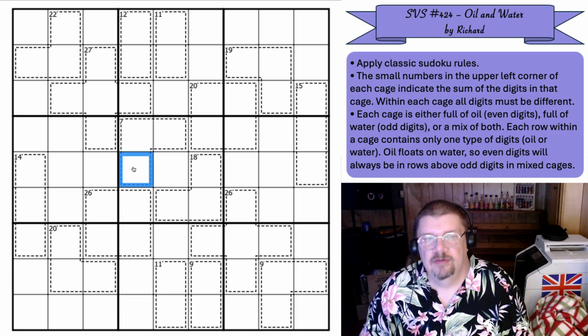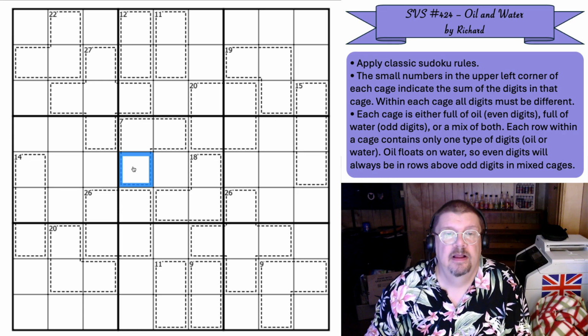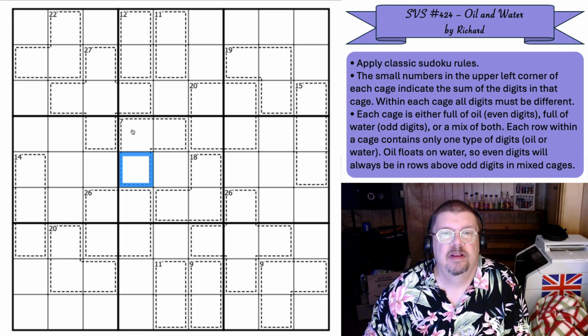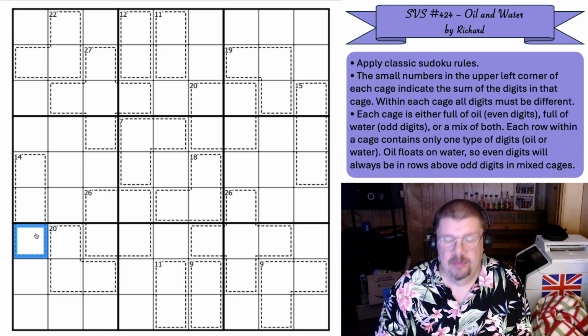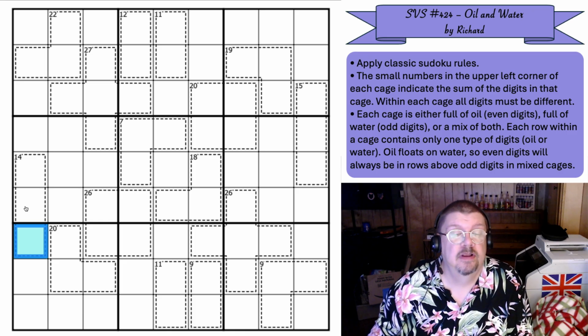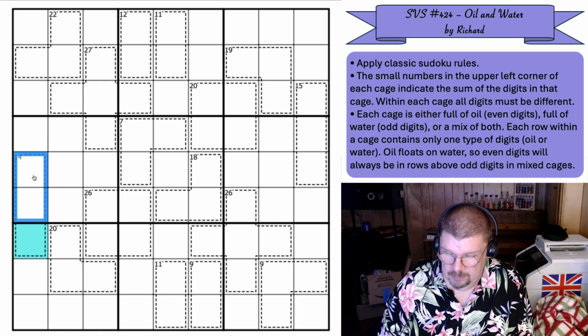So, for example, let's choose this one. Maybe this is water, which I'll give a blue color to, and these two were oil.